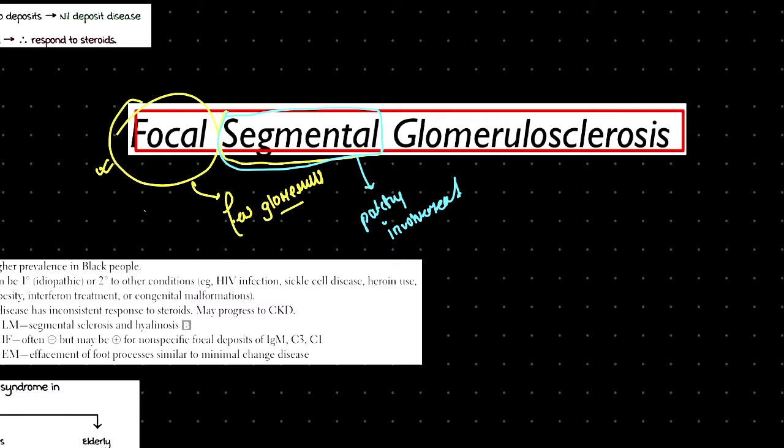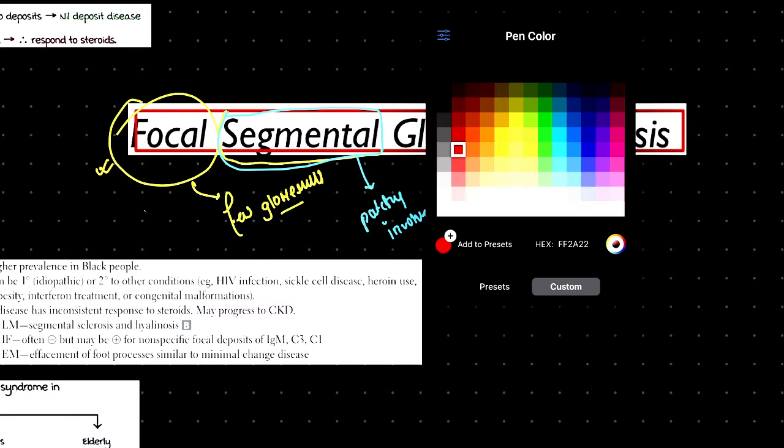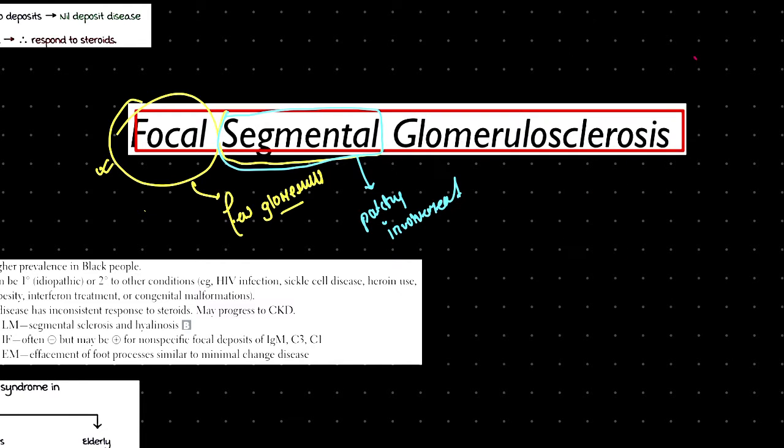And what does sclerosis denote? Sclerosis denotes that there is deposition of extracellular collagenous material, that is our sclera. Now what does this extracellular collagenous material do?